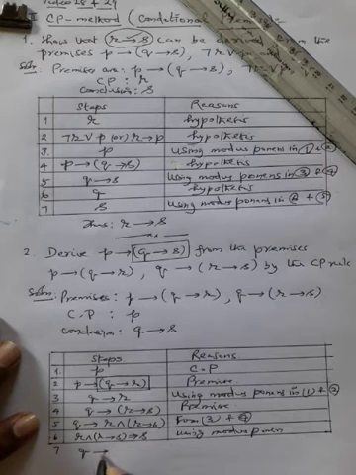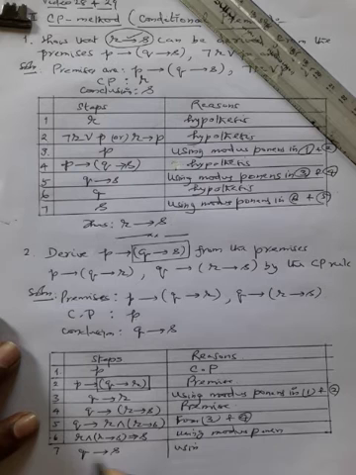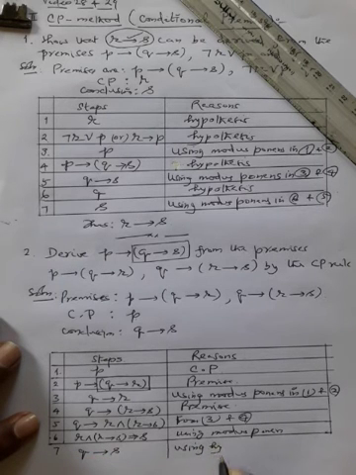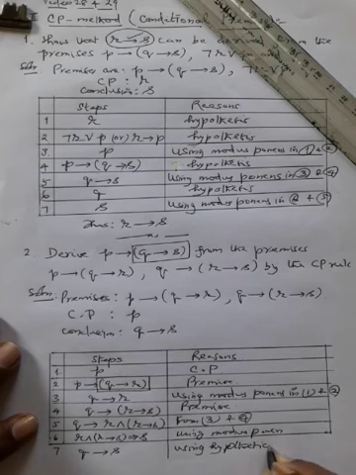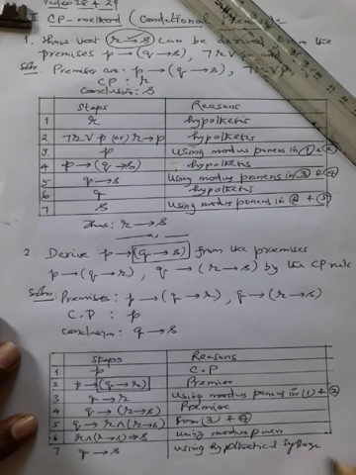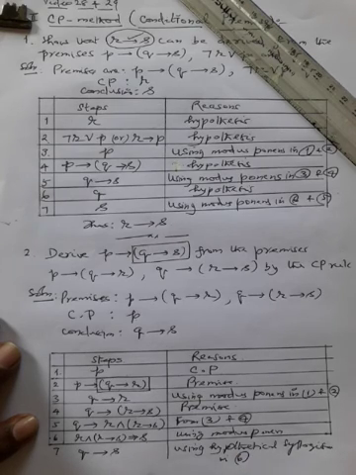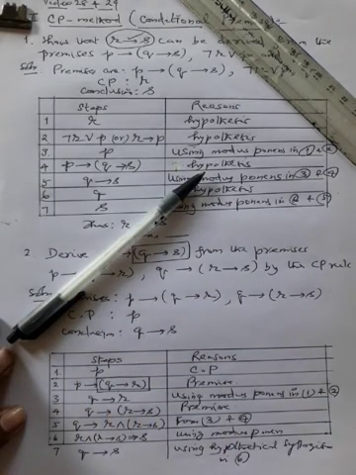Therefore the conclusion is Q implies S using hypothetical syllogism. Q is a brother of this, and that fellow is a brother of S. Q is a brother of S, using hypothetical syllogism in 6. So this completes video 29.